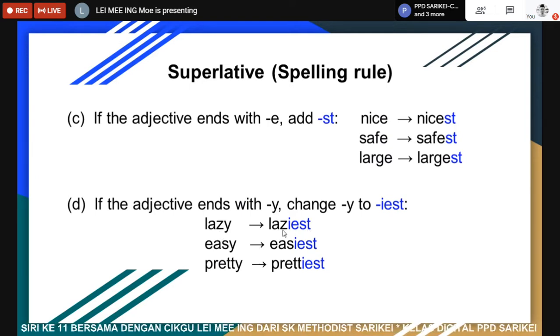Lazy, laziest. Easy, you drop the Y, you add IEST. Easy, easiest. Pretty, you drop the Y and then you add IEST. Pretty, prettiest. So this one is clear, right?